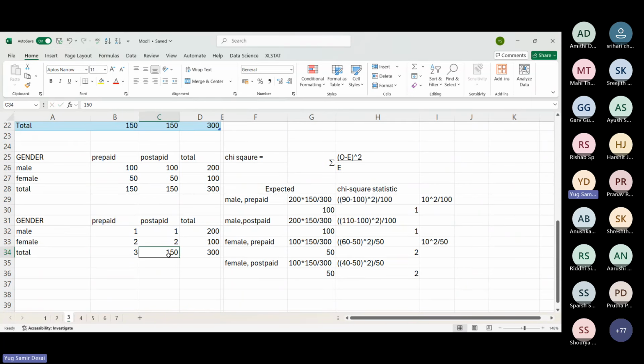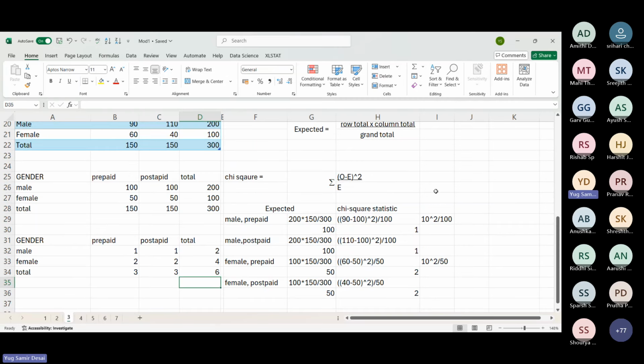We'll do the same for the postpaid plan. We'll do the same for the genders: 2 for males, 4 for females. And 3 plus 3 would give us 6 for prepaid and postpaid plans, 2 plus 4 for the genders. All of them would give us the value of 6.